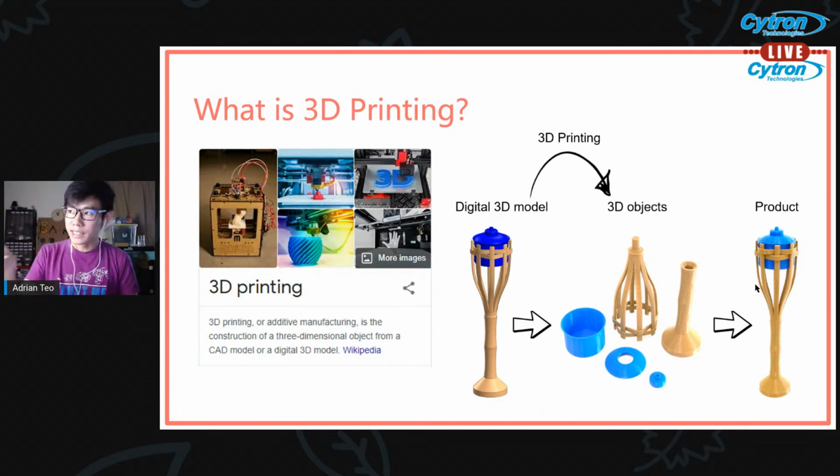All right, in this case, this is a pelita. So you design something in the software, then you print it out to realize the physical object. So the whole process involves going from a three-dimensional virtual object to a physical object. And today we are going to focus more on the virtual part, 3D design, 3D modeling.